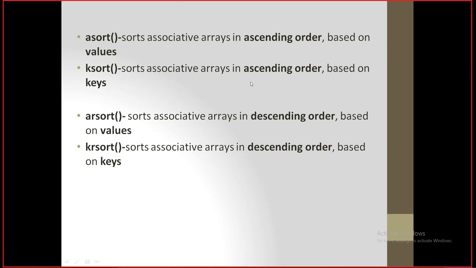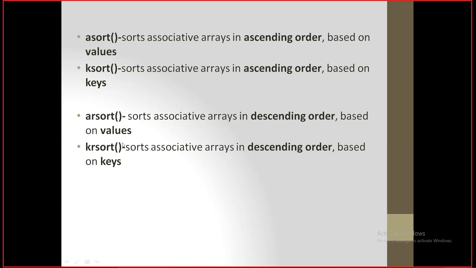But if we want to arrange the associative arrays in descending order, then we will use arsort or krsort, right? So with arsort, definitely the associative arrays are going to be arranged in descending order because it is an rsort, but on basis of what? On basis of values. Okay.